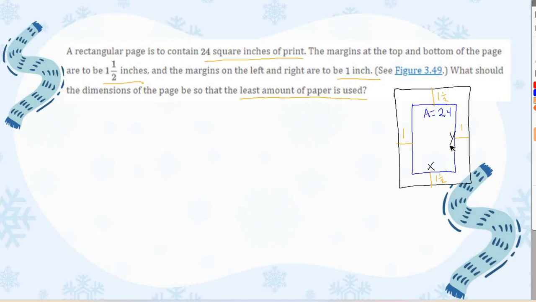Yes? So that's going to be my primary equation because that's what we're trying to minimize. So I have A equals, am I still going to have X times Y here? No. What would I have? Remember, this is the area of the whole paper. This is the area of just the printed part.